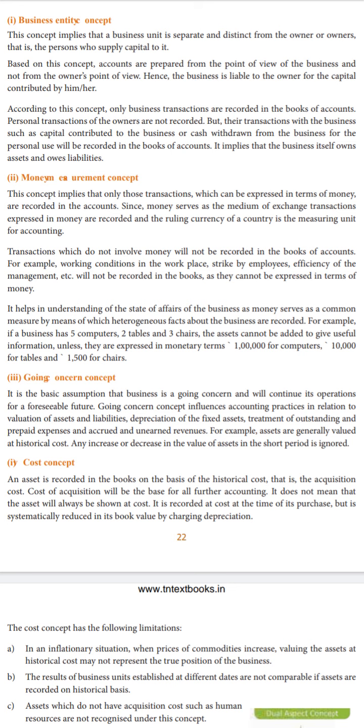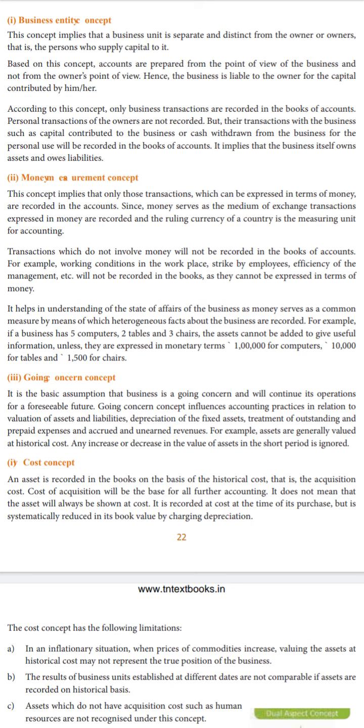If there is any increase or decrease in the value of an asset over a shorter period, it is ignored because the business is going to run for a longer period. So we need not bother about value changes in a shorter period. Going concern means the business will run for a longer period.